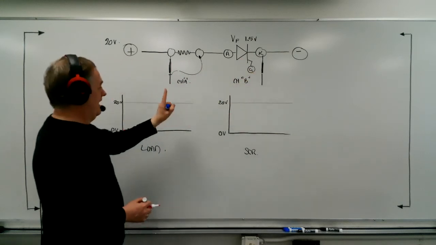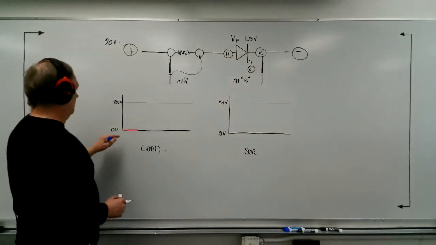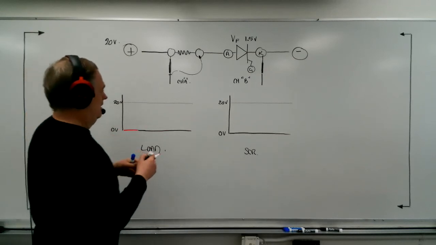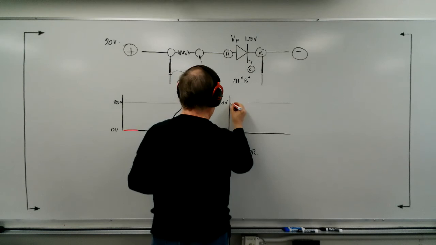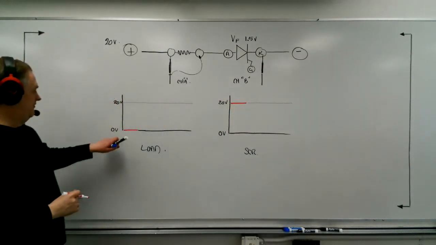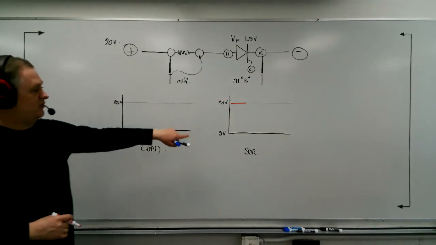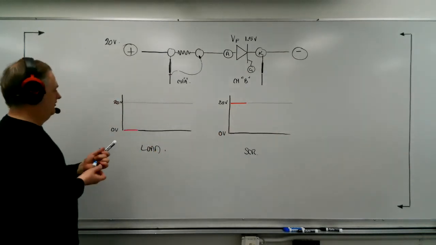And until that happens, this is going to look like an open switch. And so the load will have no voltage, and the SCR, being an open switch, will show 20 volts across it. So during the same period of time that the load has 0 volts, the SCR will show 20 volts.